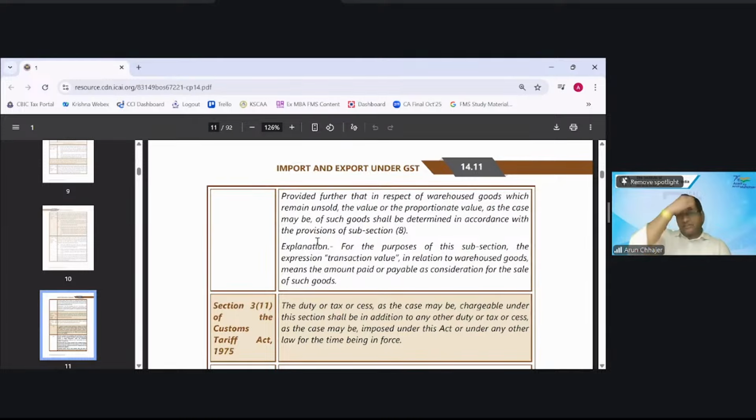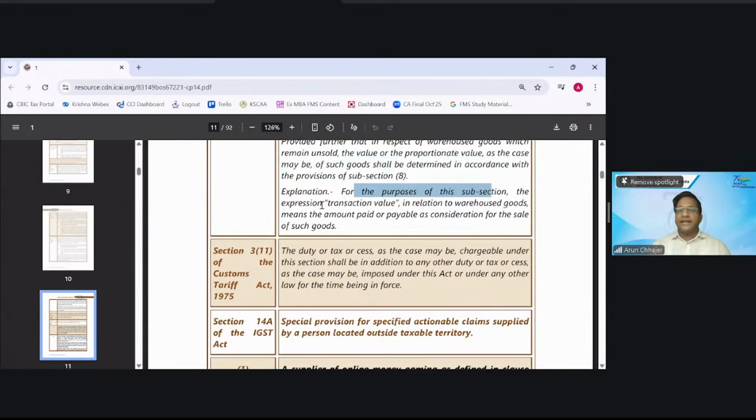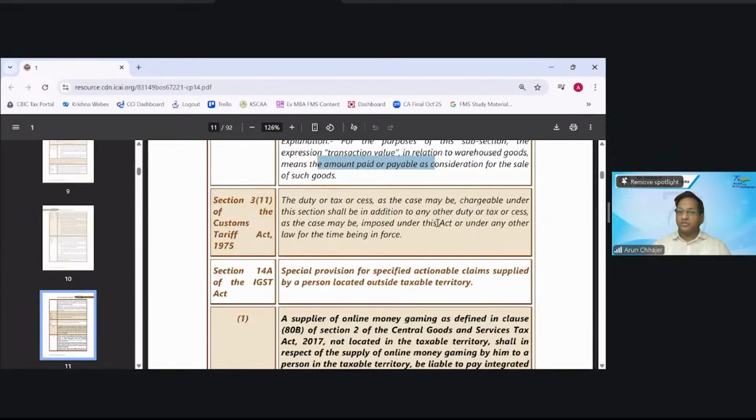Provided that in respect of the warehouse goods which remain unsold, the proportionate value as the case may be shall be determined in accordance with the provision of subsection 8. For the purpose of this subsection, the expression transaction value in relation to the warehouse goods means the amount paid or payable as consideration for the sale of such goods.